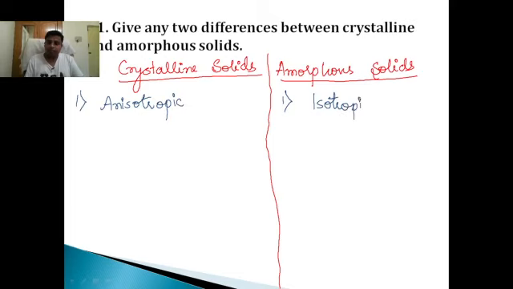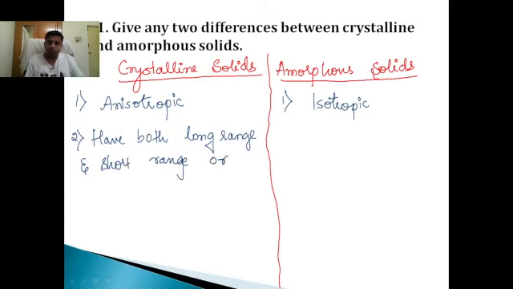Then, crystalline solids possess both long range and short range order, whereas amorphous solids have only short range order.